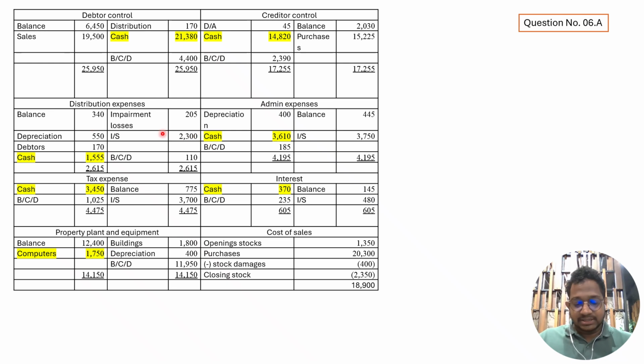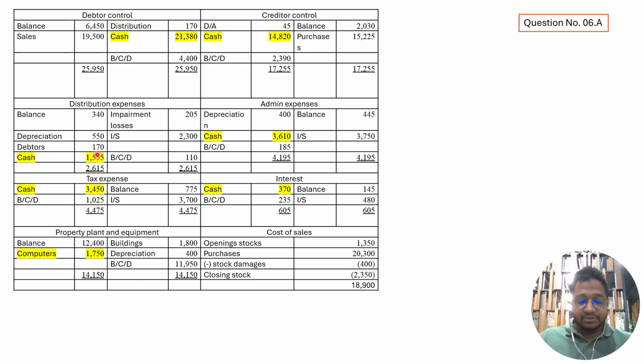So in this case, it is an over provision, and that over provision you should credit here, and then bad debts and discount allowed you should debit to the distribution expenses. Then you can find out the distribution expense payment in cash, right?